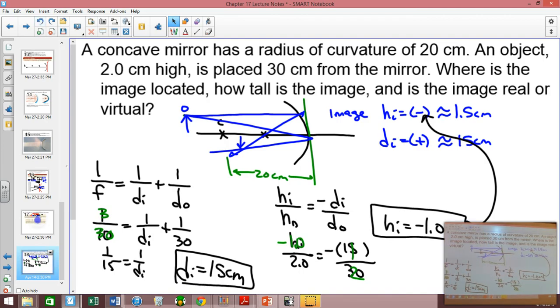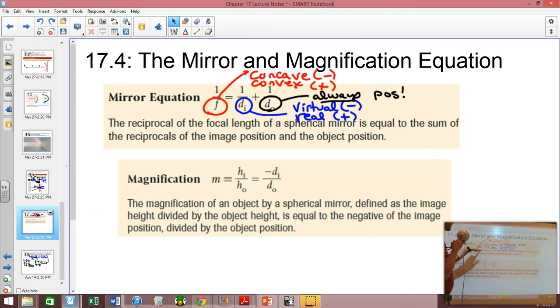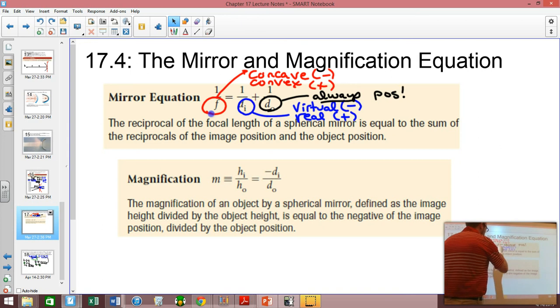But here's the real challenge: knowing the signs. When it's concave, put in a negative number for the focus. When it's convex, that's when it's positive. The distance to your image, if it's virtual, that's negative. If it's real, it's positive.